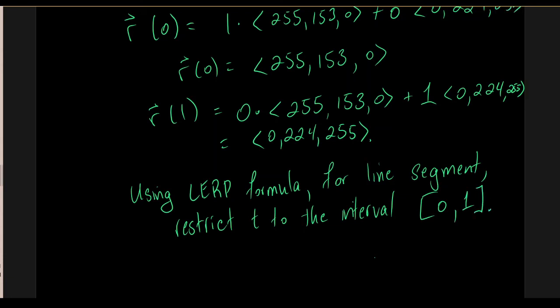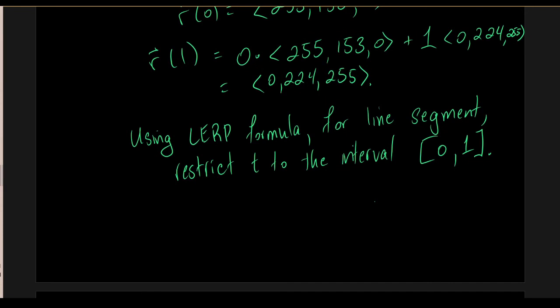If you don't artificially restrict the domain, then it's implied that t can go all the way from negative infinity to positive infinity, which will give you a line that's infinite in both directions. But if you restrict the allowed values of t to the interval 0 to 1, then it will only give you the line segment. t equals 0 points to the first point, t equals 1 points to the second point.